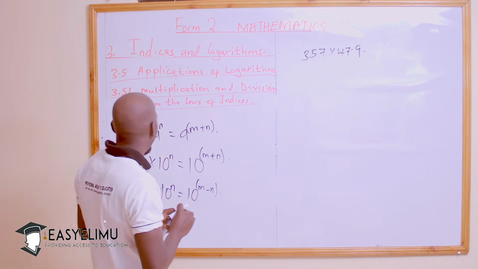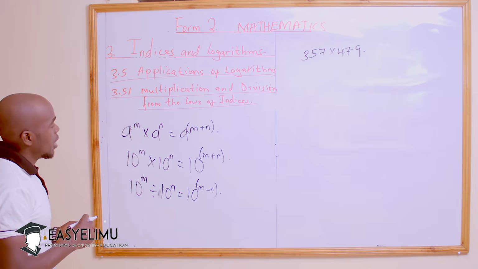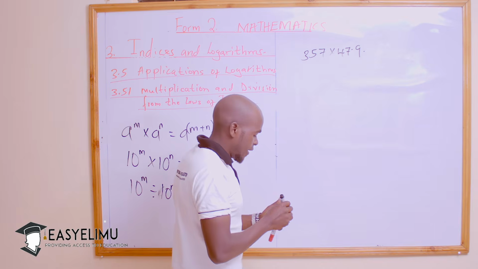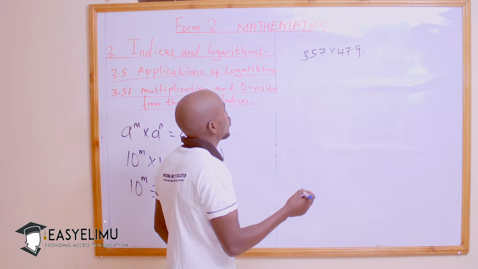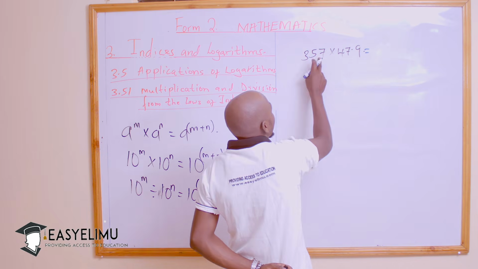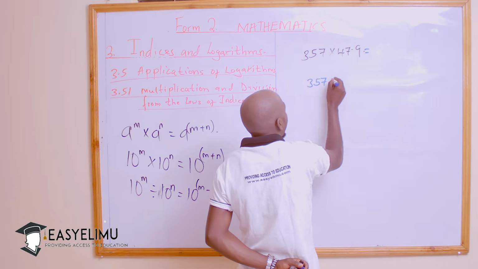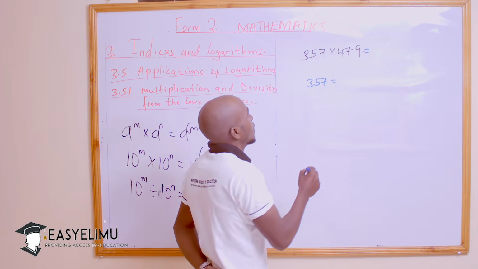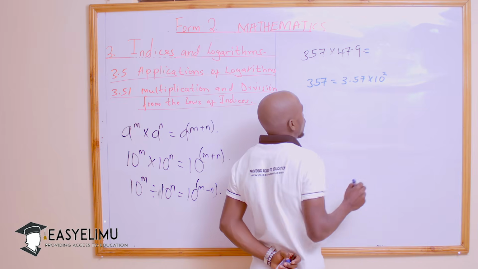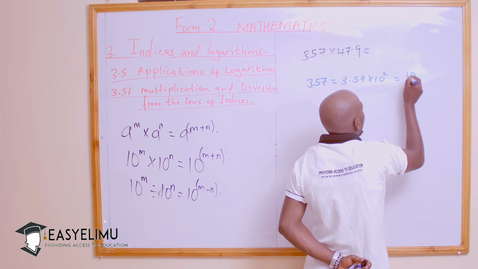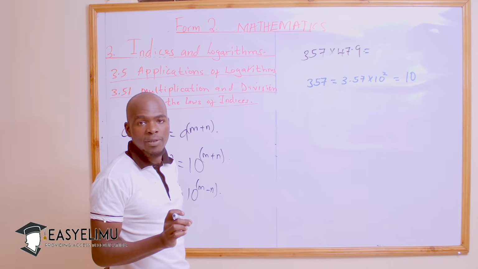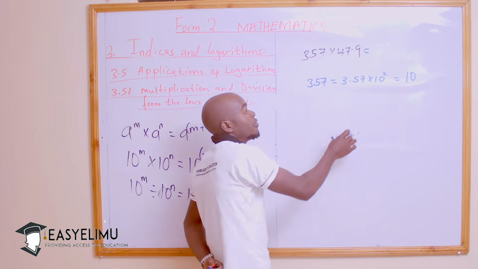Now, if we apply the law of logarithms here, bearing in mind the law of indices, the first number, 357, will give us 3.57 times 10 raised to power 2. And if we write this in index form to base 10, we are going to find the logarithm of this number.